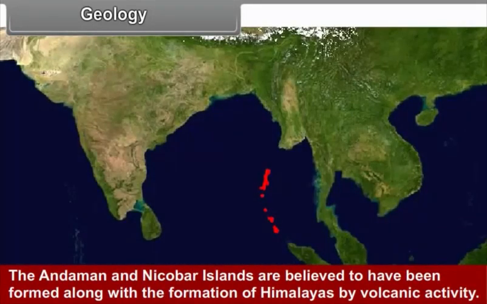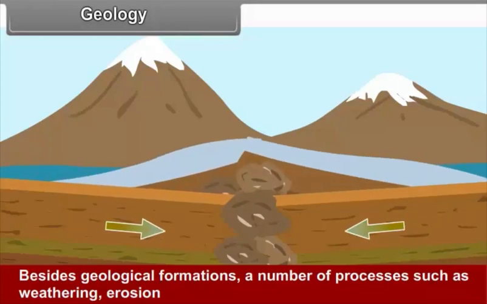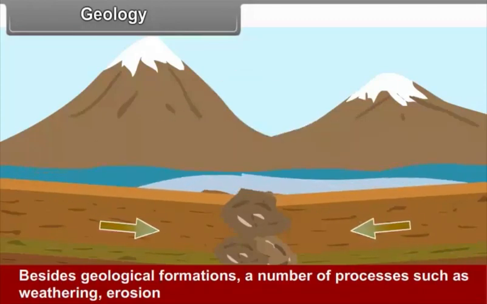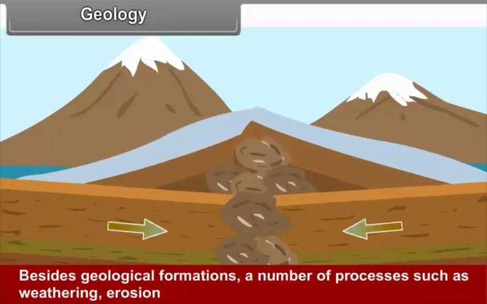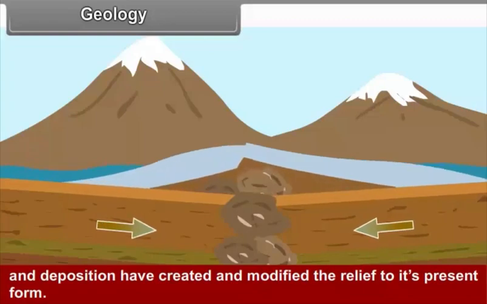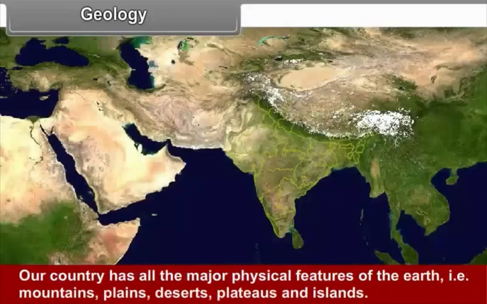The Andaman and Nicobar Islands are believed to have been formed along with the formation of the Himalayas by volcanic activity. Besides geological formations, a number of processes such as weathering, erosion, and deposition have created and modified the relief to its present form.